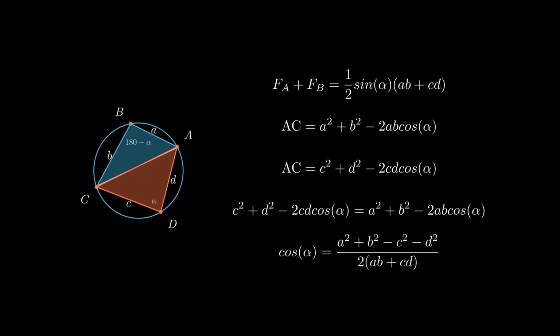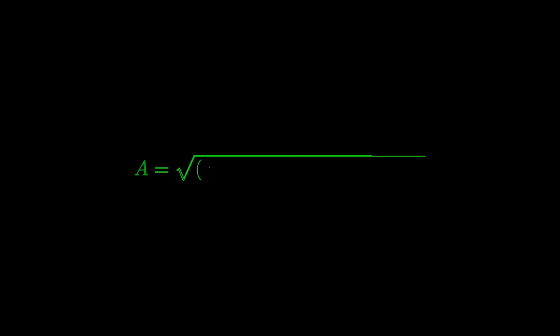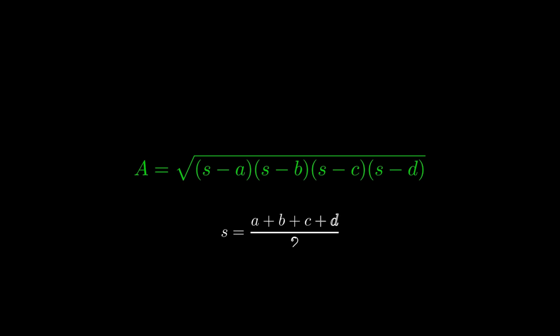That is a bit time-taking here, so I'll give it to you guys as homework. You should end up with something that looks like this. This is the area of a cyclic quadrilateral, where s is called the semi-perimeter. It's just the perimeter divided by 2.